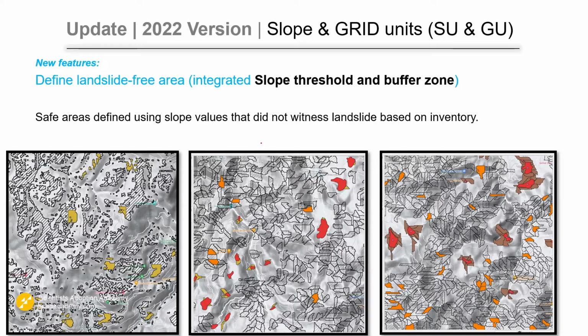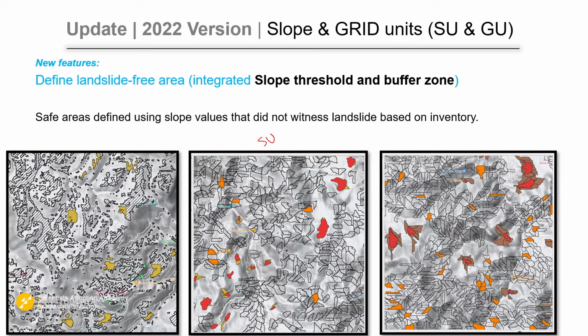This is a sample of slope units. The slope unit is the red one, and far from these slope units we also took the buffer and generated those slope units within the safe areas, and after that we randomly selected the zero values.